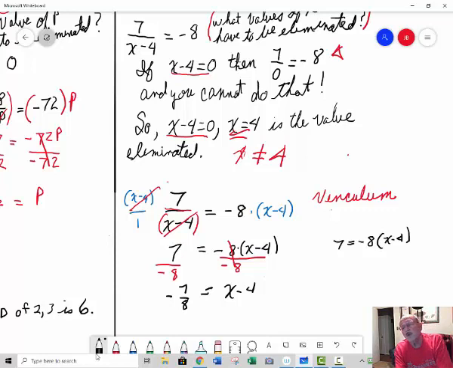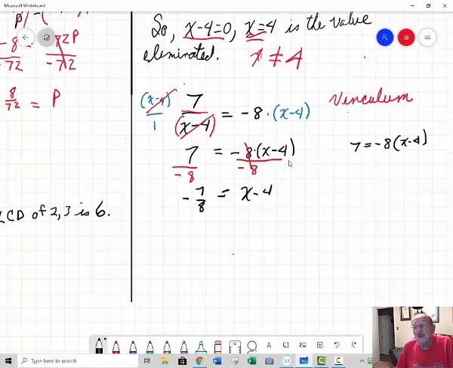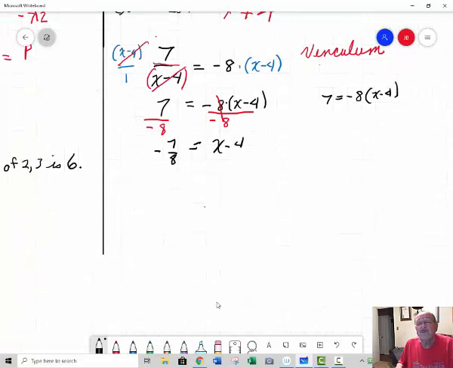So what do we do now? Just like any other problem, you're going to try to get that variable by itself. You're going to add 4 to both sides of that equation. If I add 4 to both sides, I will have 4 minus 7/8. And if I add 4 to that negative 4, it's going to drop out. That's the reason that I add it. So I'll have x over here.